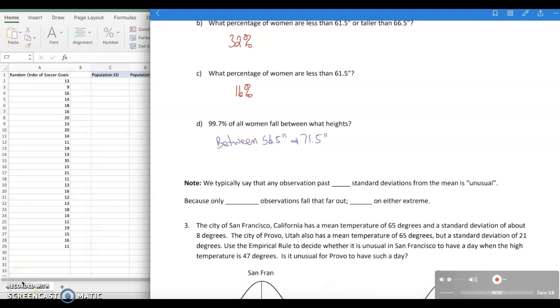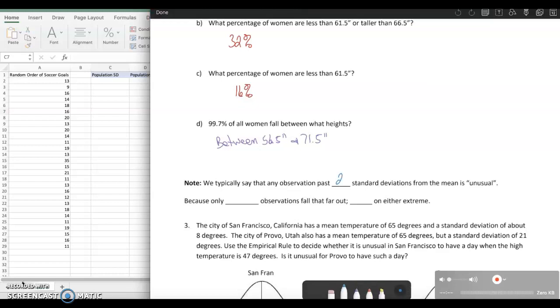So when we're talking about a unimodal symmetric distribution or a normal distribution, both are ways to call that, we typically say that any observation past 2 standard deviations from the mean is, quote, unusual, because only 5% of observations fall that far out, 2.5% on either extreme.